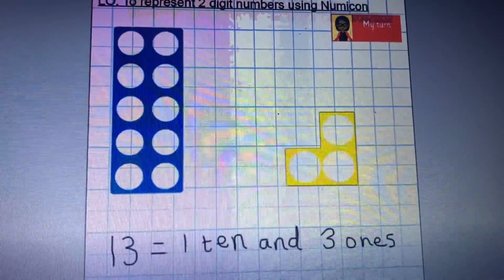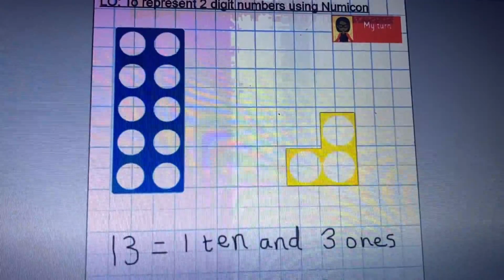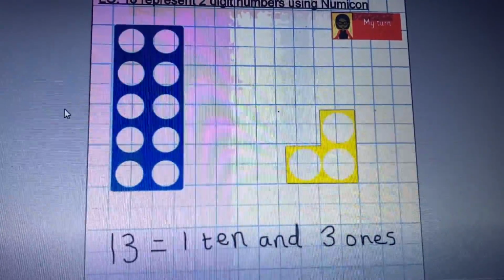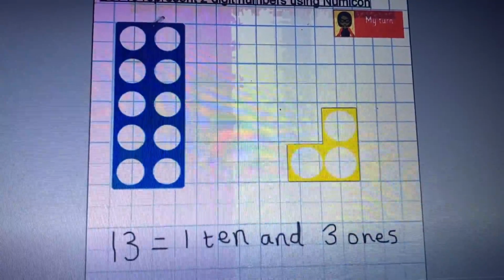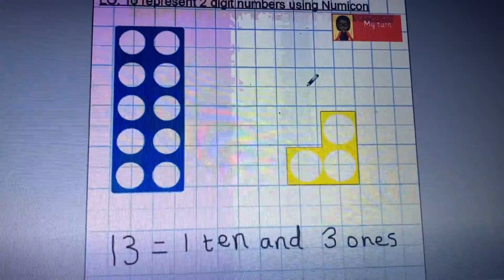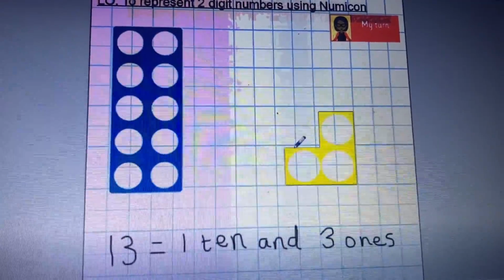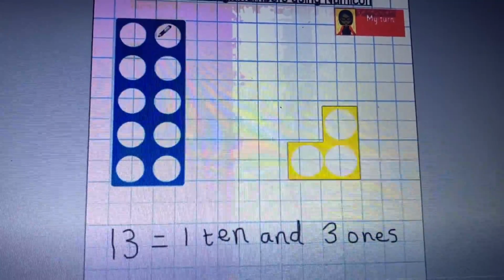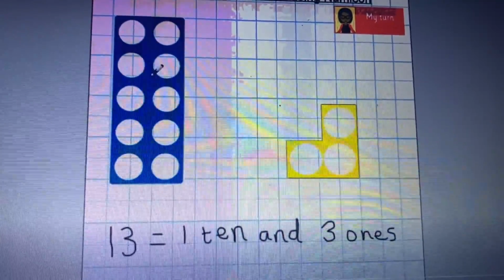But if you have got them, it might be a good idea to get them out. So I have here on the left a 10. And this piece of Numicon is a 3. Now I don't need to count all of the dots to know this.